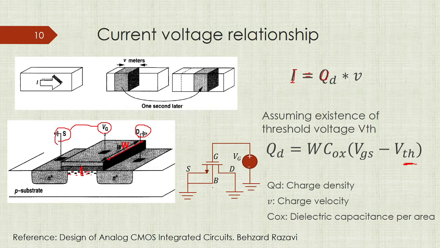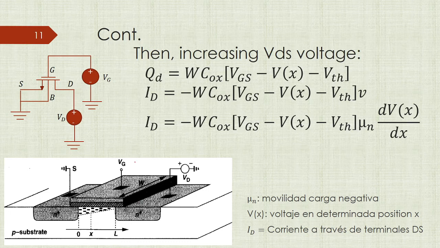Here we will choose a model of a transistor based on the source. That means that the bulk will always be connected to ground to analyze the simplified model, and we will reference everything to the source. From the previous equation, we have the relationship of the charge density, but now let's vary the drain source voltage.